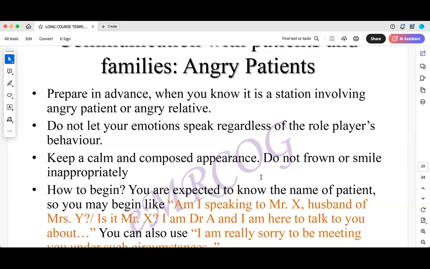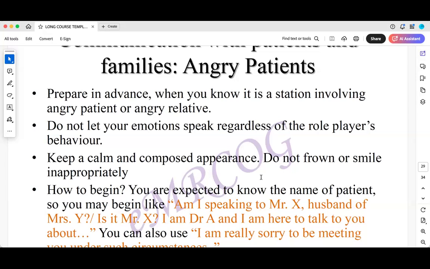And my dear friends, to be honest, it's not about keeping calm and composed. No, I'll tell you a secret, okay? Just try to show your own feeling, and your own sympathy with the patient as if it's for real, okay?